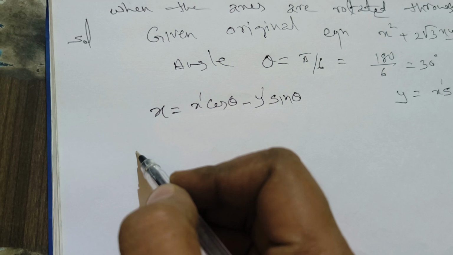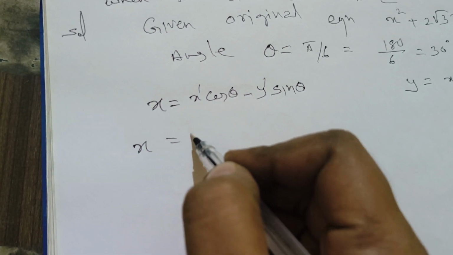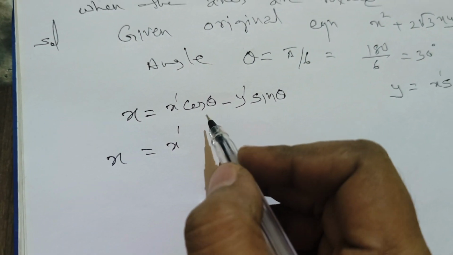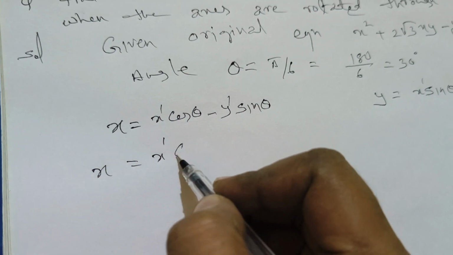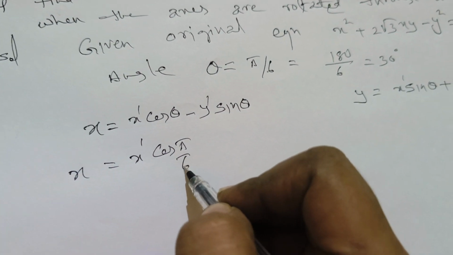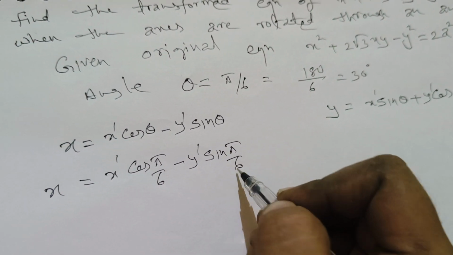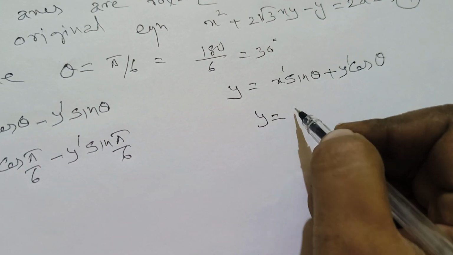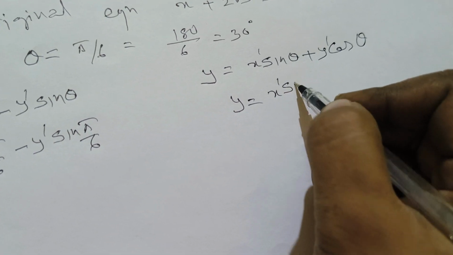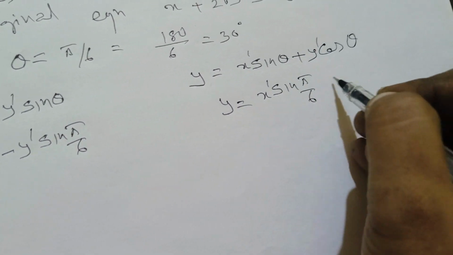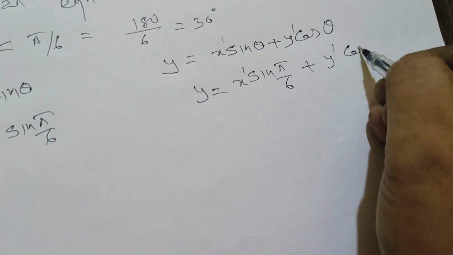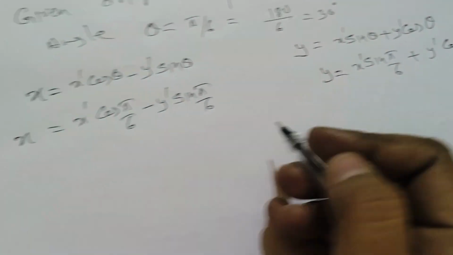Now we will substitute the angle. X is equal to x dash cos pi by 6 minus y dash sin pi by 6. Here also y is equal to x dash sin pi by 6 plus y dash cos pi by 6.